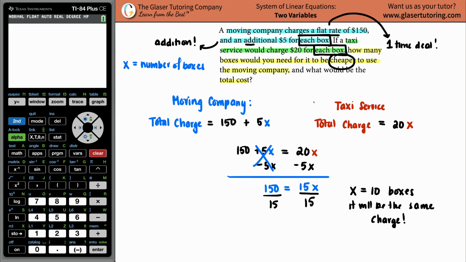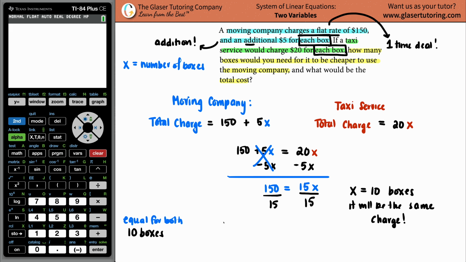Not the same. We want it to be cheaper to use the moving company. Well, 10 boxes is going to make it equal. Now let's see what happens when we go one box up. So if 10 boxes is the equal charge, we'll say equal for both.